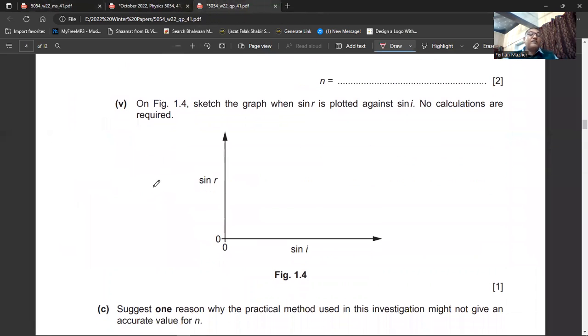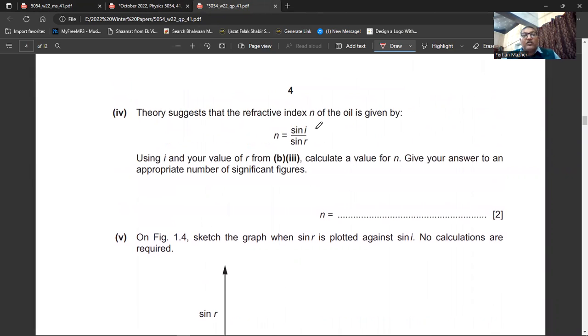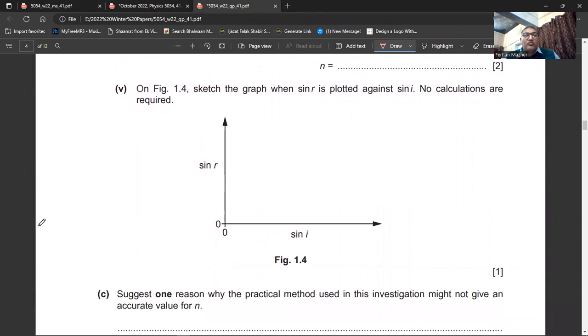He says, fifth part, on the figure 1.4, sketch the graph when the sine R is plotted against the sine I. No calculations are required. This is sine I by sine R, so sine R by sine I, try to understand this thing.